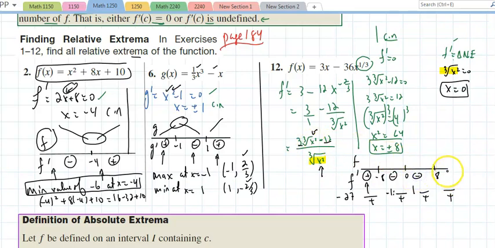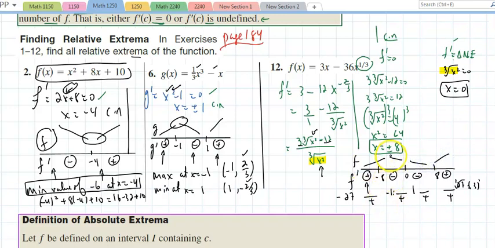And if I pick a point to the right of 8, let's say, again at 27, if I take the cube root of 27, that is 3, and I square it, I'll get a 9 times 3. 27 minus 12 is positive. So we have increasing, decreasing, decreasing, increasing.